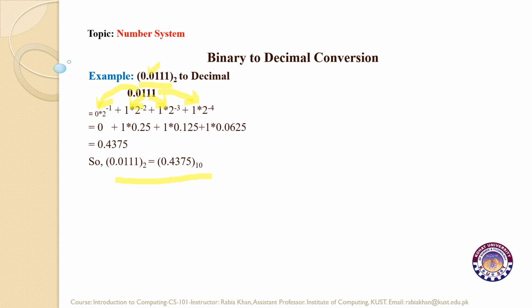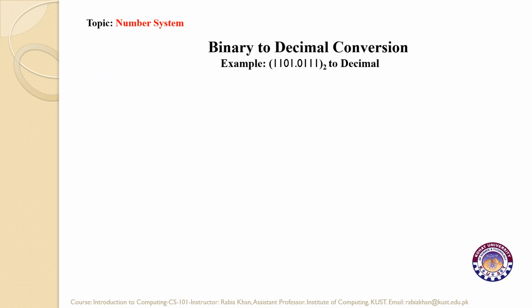Now let's move on to merge both the parts, the whole part and the fractional part. So here's the example. We have a binary number having both the whole part as well as a fractional part. We need to convert it into a decimal number. Keep in mind that this is the whole number, this one, 1101.